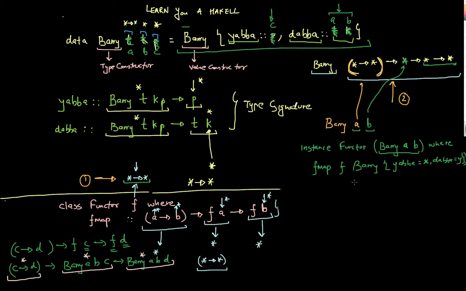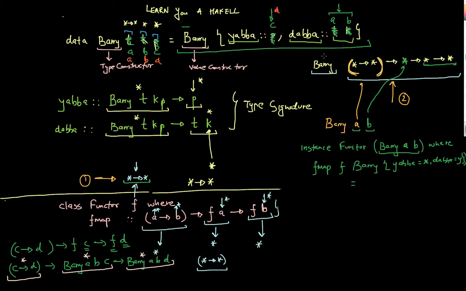What is this entire thing going to be equal to? Well, this entire thing needs to be equal to some value of type Barry of A, B, and D. How do I create a value of type Barry of A, B, and D? Wherever I see C, let's just put a D there.